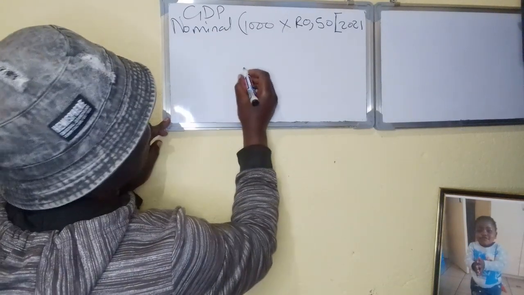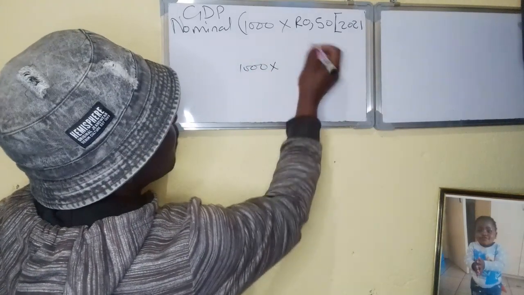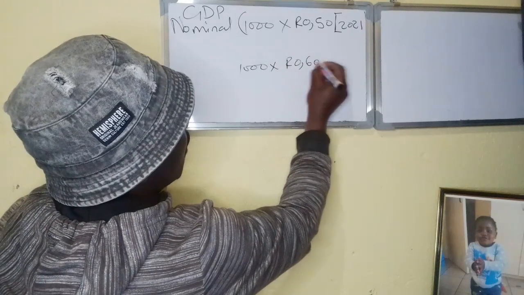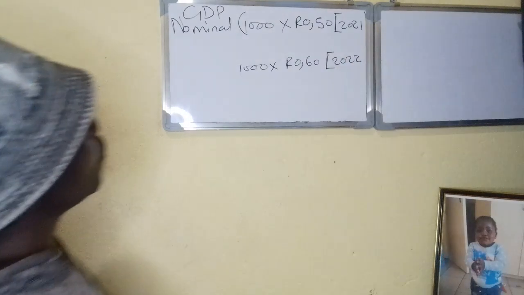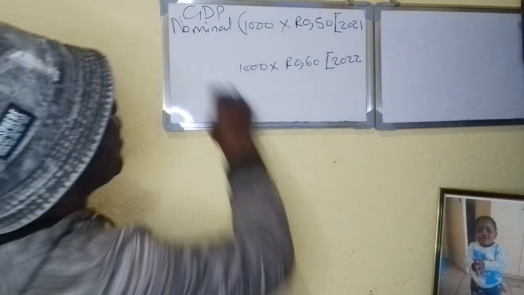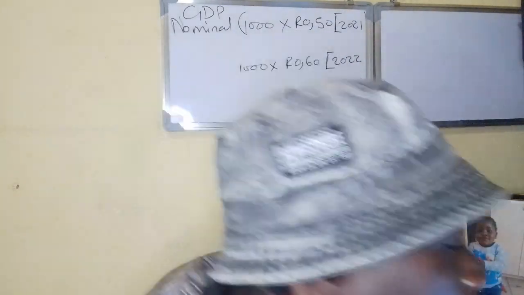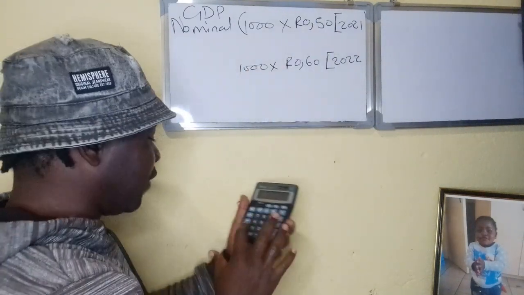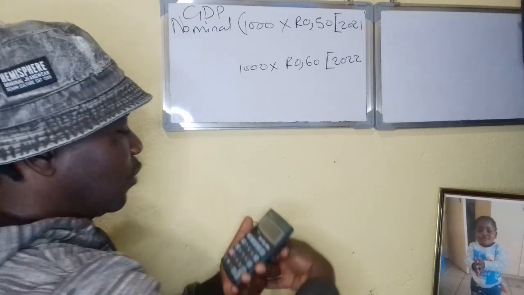And then let's say it produced 1,000 bananas at 60 cents in 2022. So, if we are calculating, let's say this is the only good and service that was produced in a country, and we are calculating GDP for 2021, we're only going to say this times the 50 cents. So it's 1,000 times 0.50. You are going to get 500 rand.